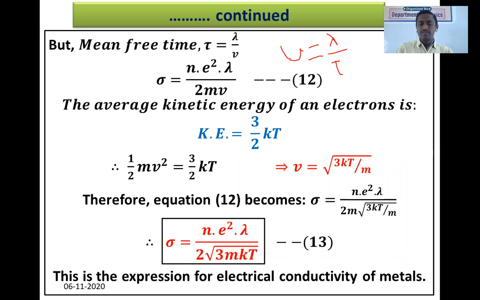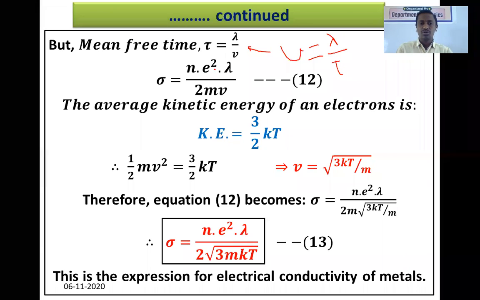So tau equals lambda upon v. Put the value of this tau in equation number 11. So the equation becomes n e square as it is, and in place of tau we substitute lambda upon v. So sigma equals n e square lambda upon 2mv. That is equation number 12.